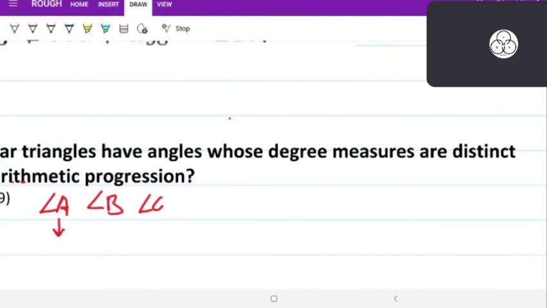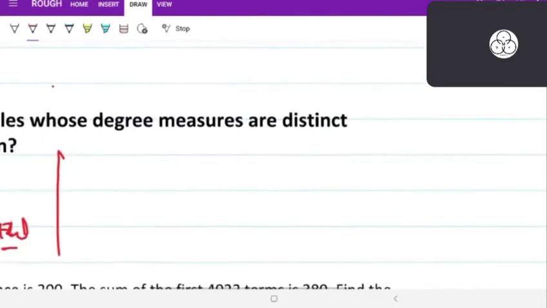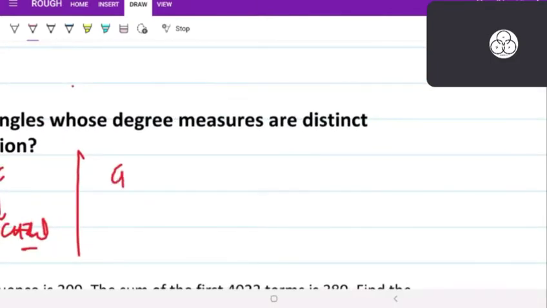Let me denote this by a, this by a plus d, and this by a plus 2d. Add them up: a, a plus d, a plus 2d, 180.